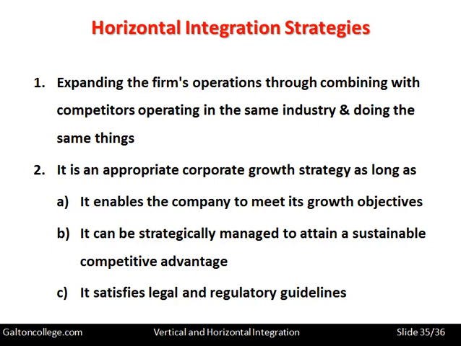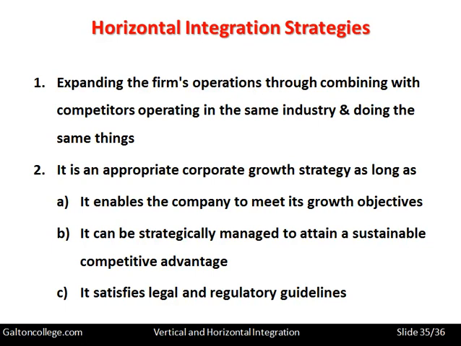Or it could be vertical backwards, where it starts to produce its own components and process raw materials and set up a production line further back, so that it's knocking out one of its suppliers, or perhaps knocking out all its suppliers. That's what we mean by vertical integration, forwards and backwards.